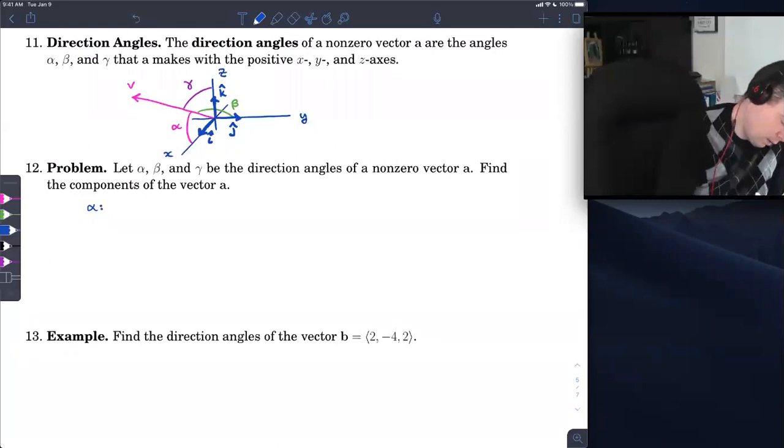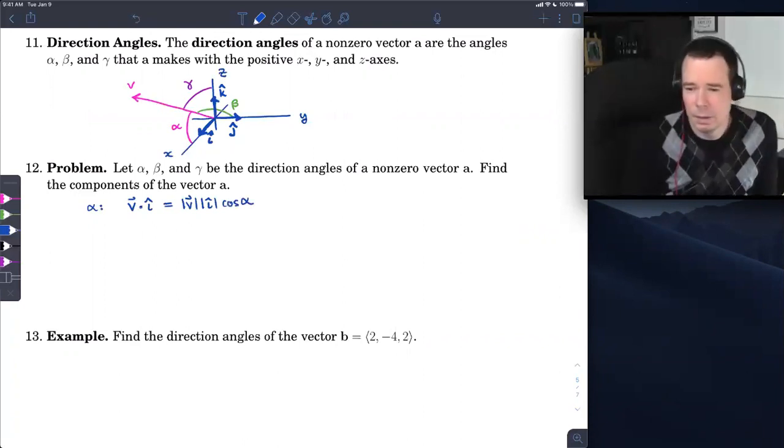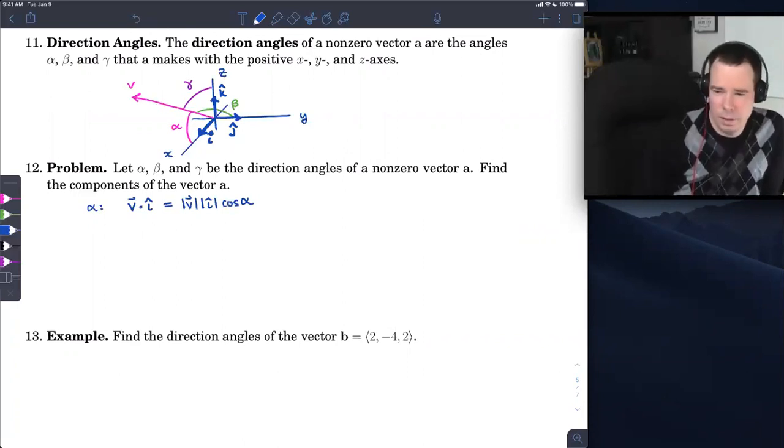So what is alpha? Alpha is the angle between V and i hat. So what that means is that V dot i hat is equal to the length of V times the length of i hat times the cosine of the angle between them, but that angle is alpha.